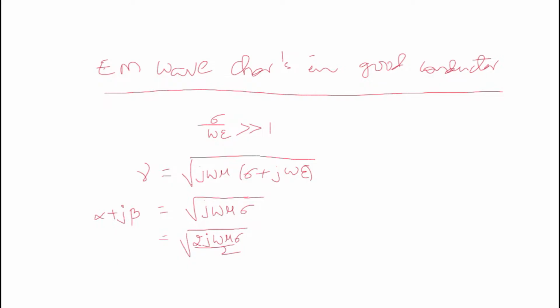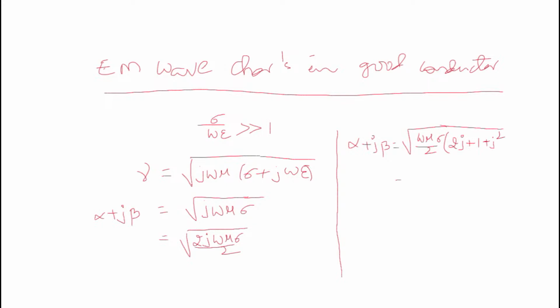I will do this derivation here itself, that is alpha plus j beta, which is equivalent to omega mu sigma by 2. I am writing the 2j plus 1, adding and subtracting, and minus 1. That minus 1 I am writing like this, that is j square.